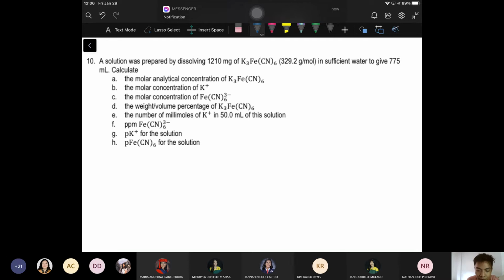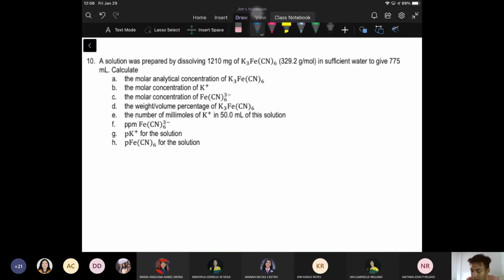So, let's start. So, a solution was prepared by dissolving 1210 milligrams of K3FeCN6. The molar mass is given, in sufficient water to give 775 ml solution. Okay.